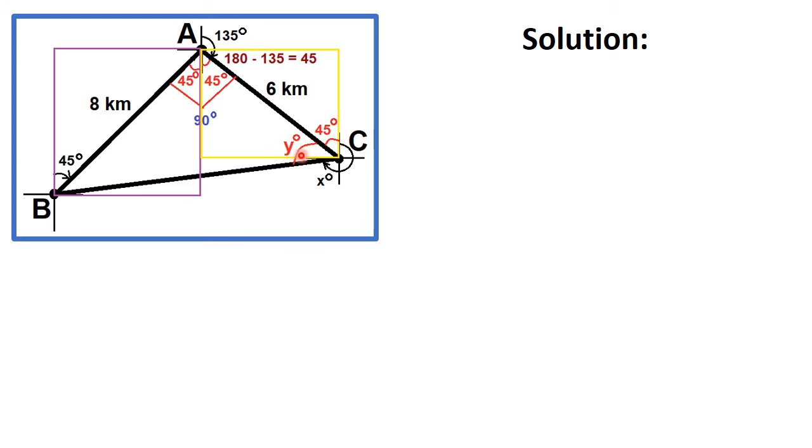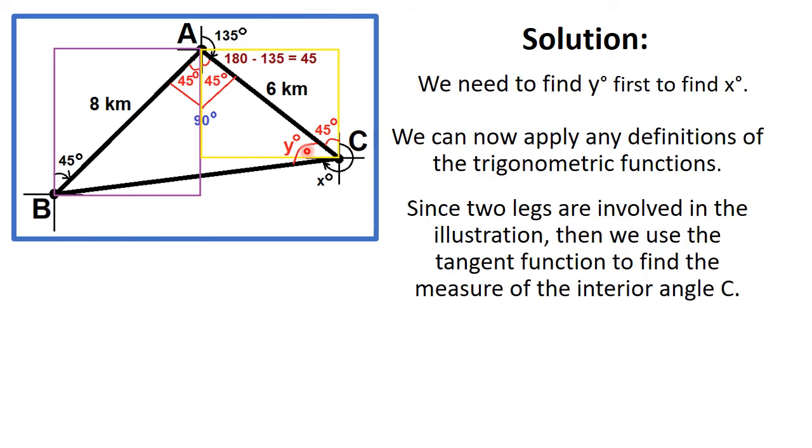Using these two given sides, which are the opposite and the adjacent sides of angle Y degrees, we are going to use the tangent function. So tangent Y degrees is equal to the opposite side, 8, divided by the adjacent side, 6.